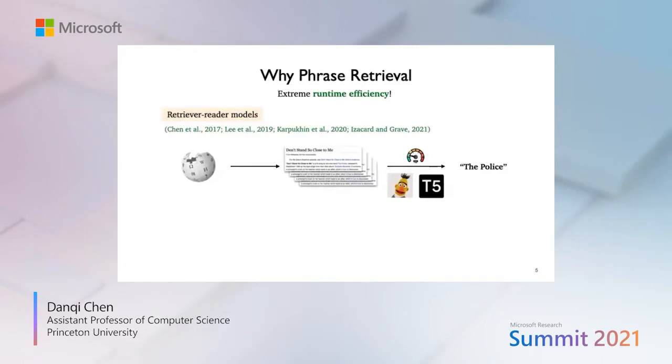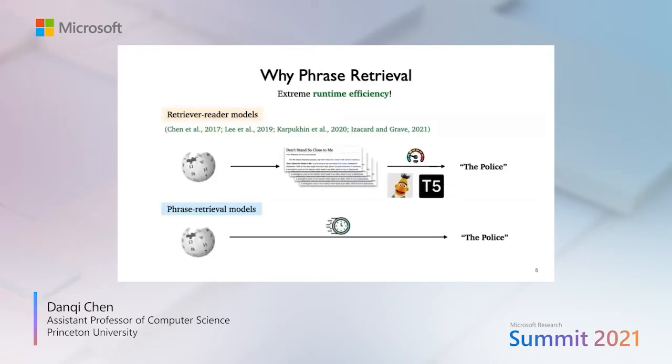This second stage is always implemented as a BERT or T5 model with hundreds of millions of parameters, and they take a lot of time in practical use. If we can achieve phrase retrieval, that means that we can just throw out this second model and directly retrieve the final answer. This can give us great efficiency in practical use.